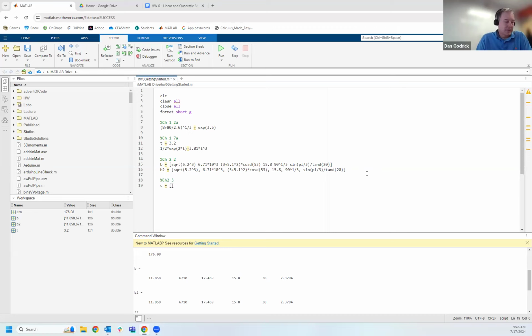Let me just try it the same way. So 2.1 times 10 to the minus 2, sine of 1.7 times pi, 28.5, 2.7 to the 4 divided by 3, and exp 3.